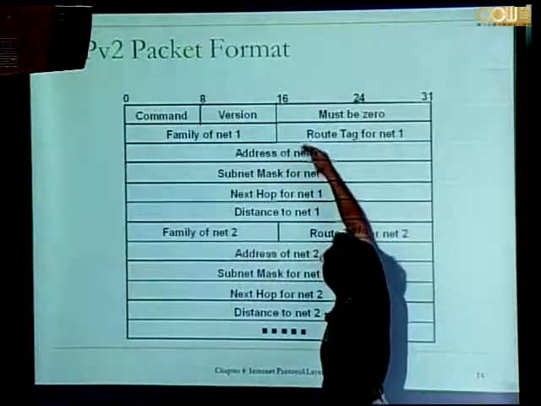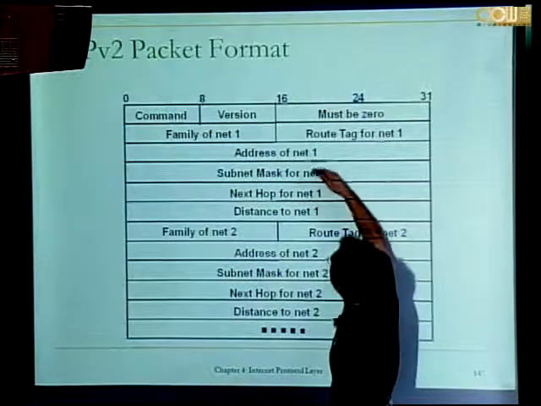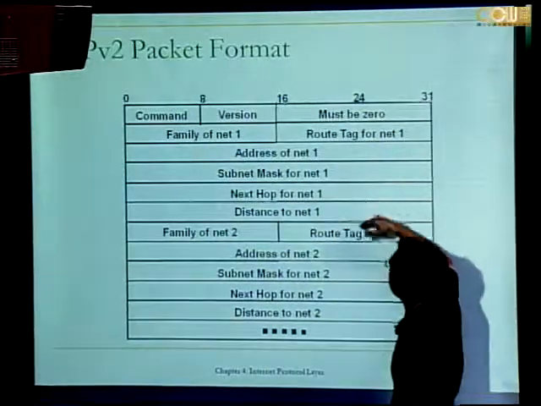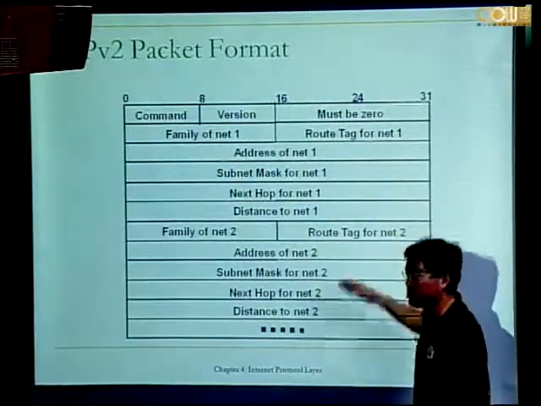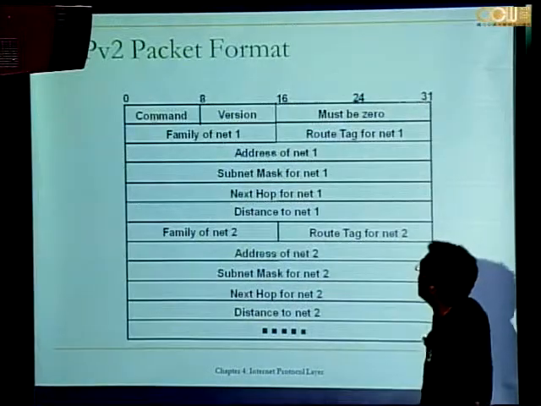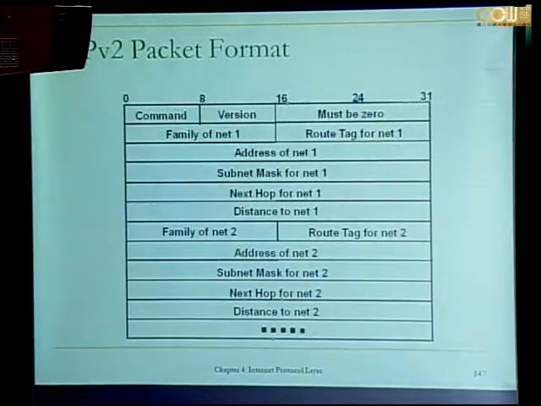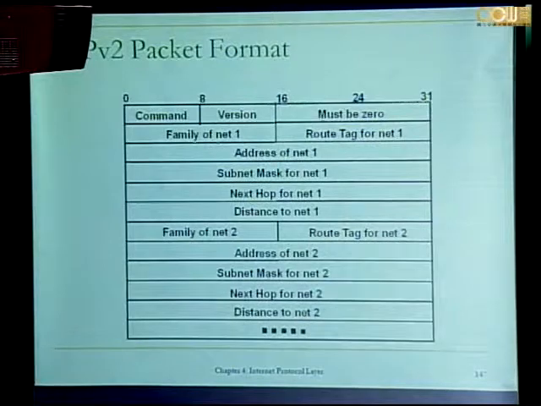So I'm telling my neighbor the distance vector, and this is one entry, and I can have at most 25 entries in one packet.